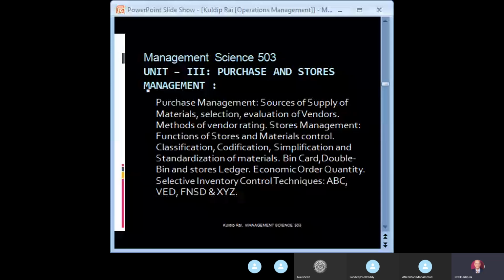Take an organization like Air India. If it is in need of tires, don't expect that Air India will manufacture its own tires. It's not possible. Their core competency is air transport, management of travel, management of cargo, not making of tires. So they have to buy the tires outside.